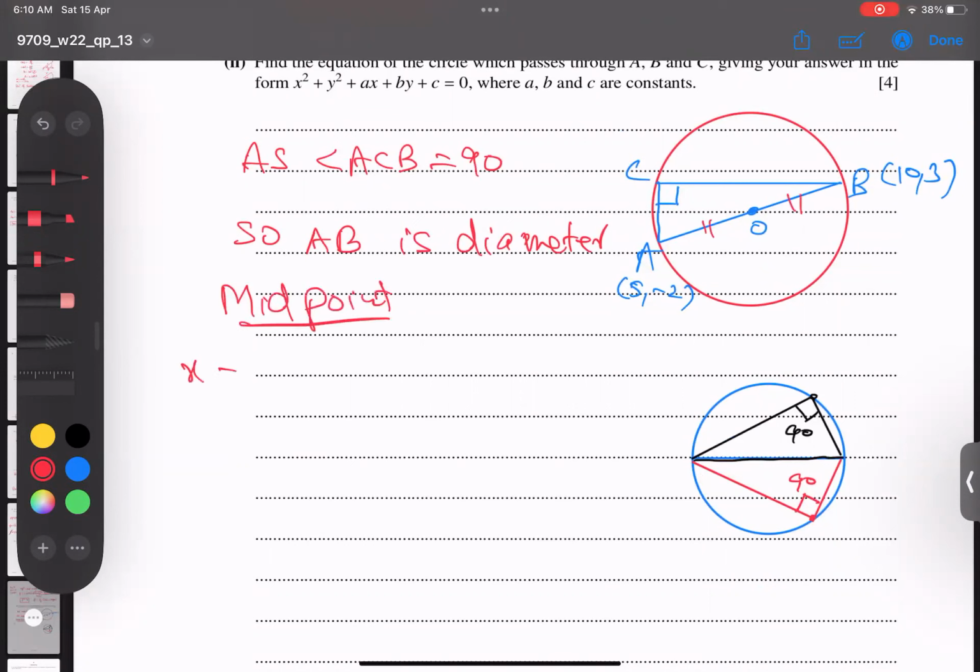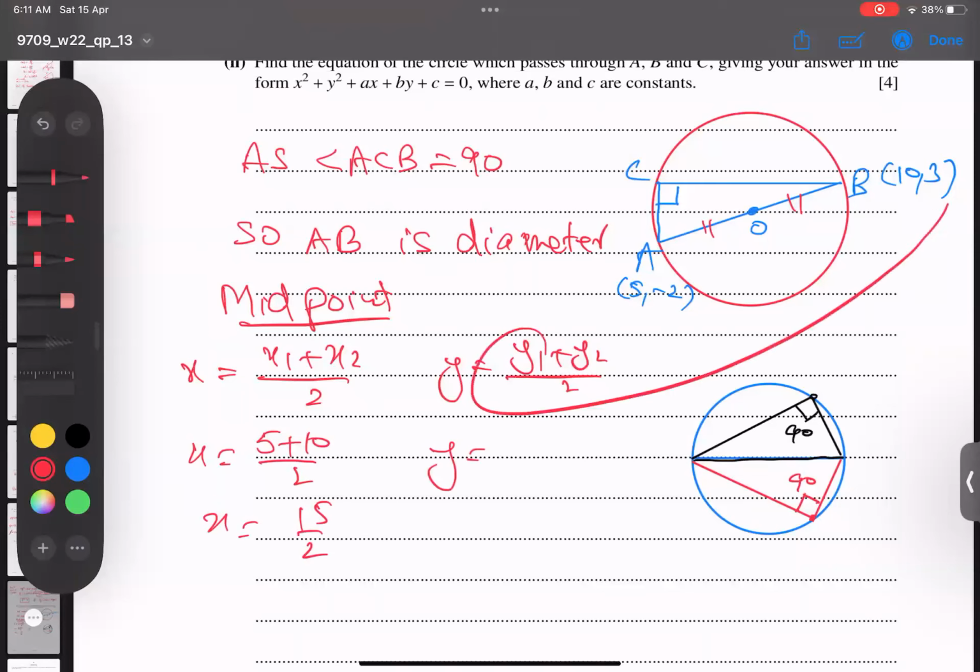Midpoint formula, all of you know: x1 plus x2 divided by 2 and y1 plus y2 divided by 2. This is x1, this is x2. So 5 plus 10 divided by 2, I get 15 by 2. I hope it's clear up till here. What is y? y1 is 3 and y2 is minus 2.